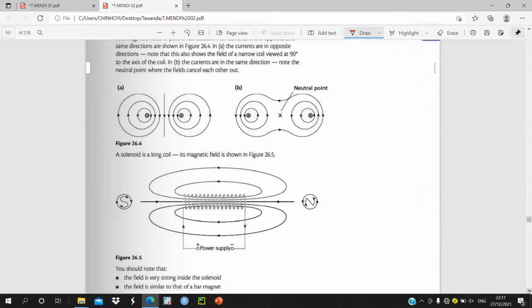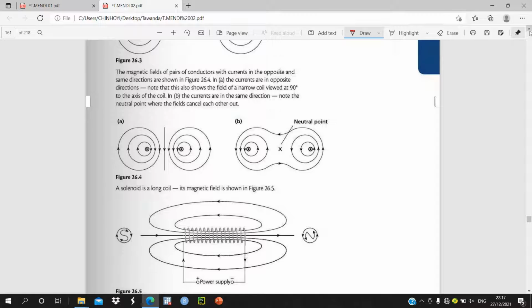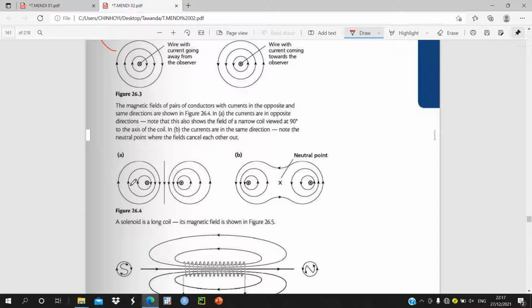And as you can see, with these two diagrams, we are going to have these two current carrying conductors. Here we have a conductor whereby current is moving into the paper.